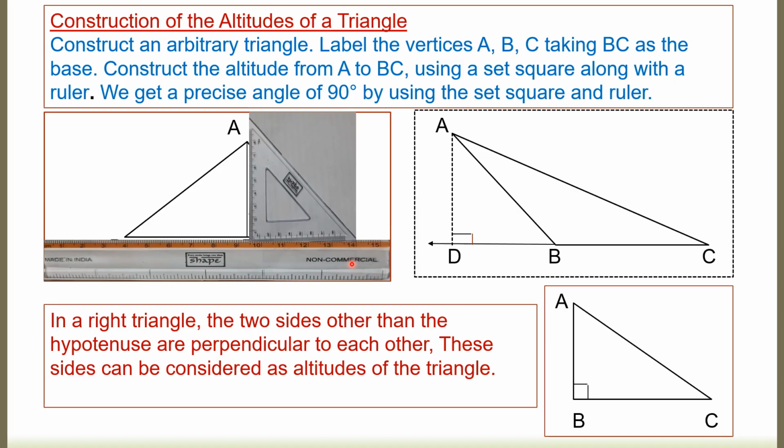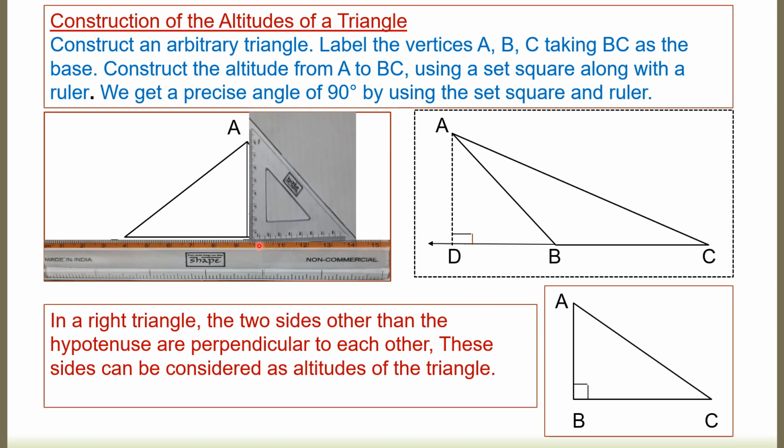How will we do it? We will take a ruler and keep it alongside the base, aligned to the base. Now take the set square and move it here and there in such a way that the set square is touching the point A. You have to move alongside the ruler only.